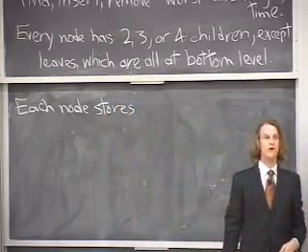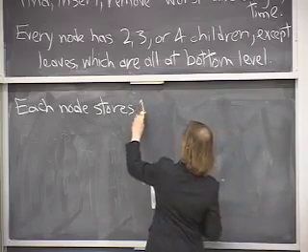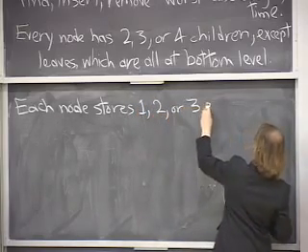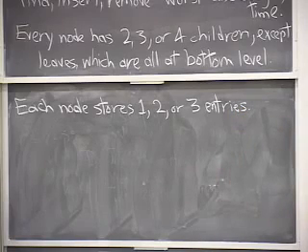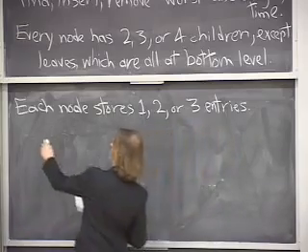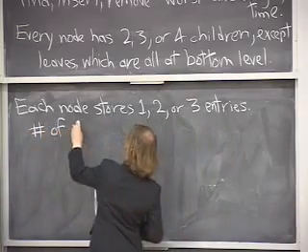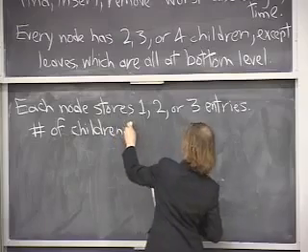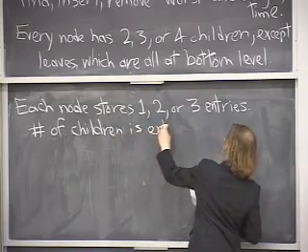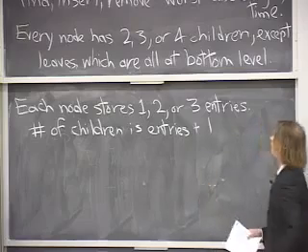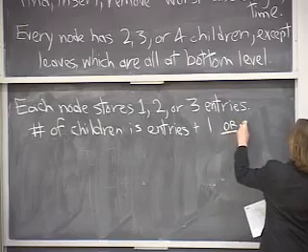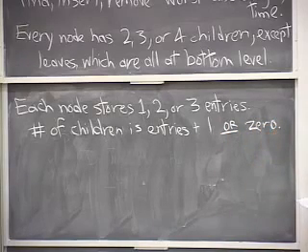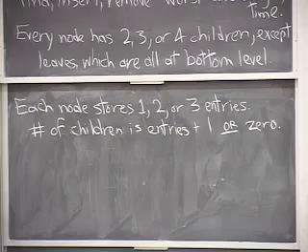And the number is either 1 or 2 or 3 entries. And those are the only 3 possibilities we allow. The idea being that the number of children that a node has is the number of entries plus 1. Unless it's a leaf node, in which case it has no children. So, them's the basic facts. Let's see what one of these looks like.